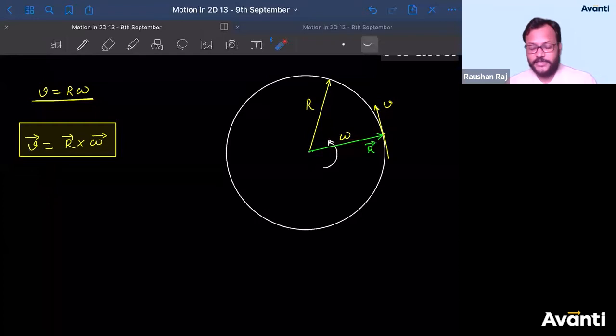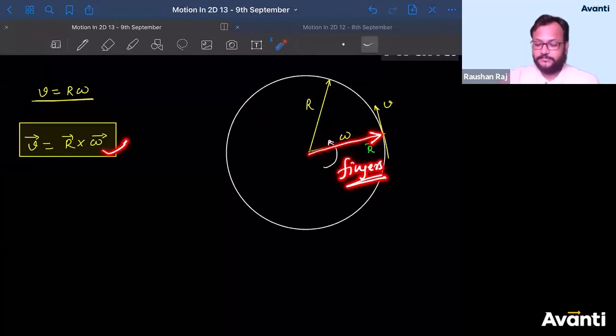Direct your right hand fingers along the first vector, in such a way that the palm should be facing the second vector, or I might have taught you that curl it towards the second vector. But the very simplest method is: direct your right hand fingers along the first vector. So this is the direction of right hand fingers.